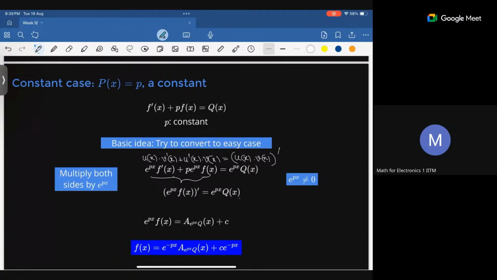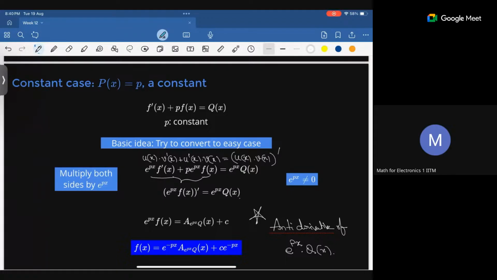That's it. All we have to find is the antiderivative of e power px into q of x. Once we find that antiderivative, we can substitute it here, and that will be the solution to our given differential equation.